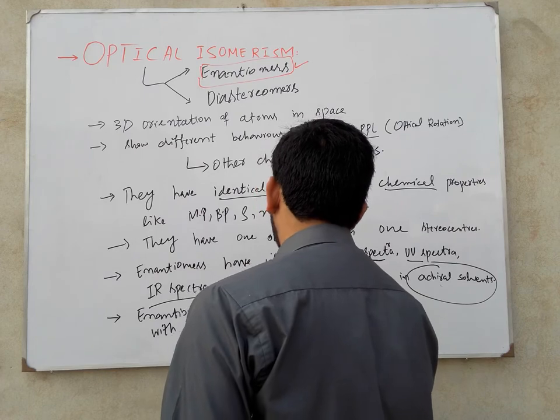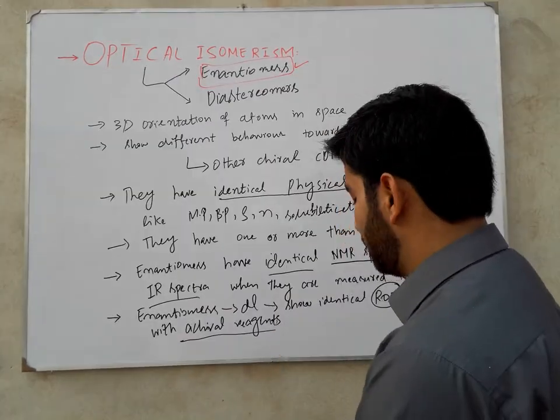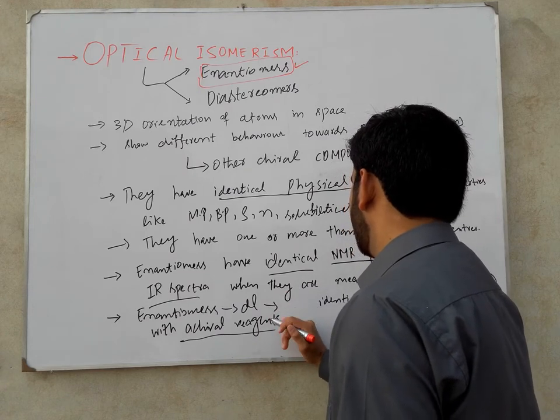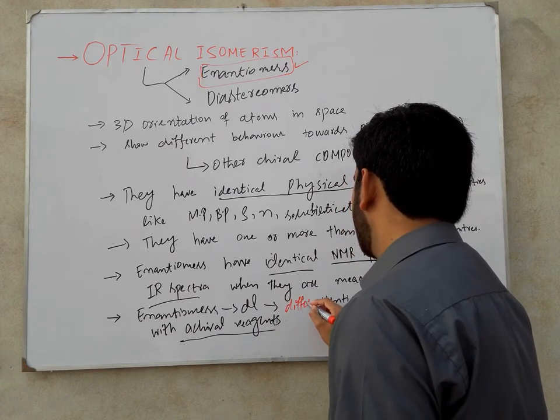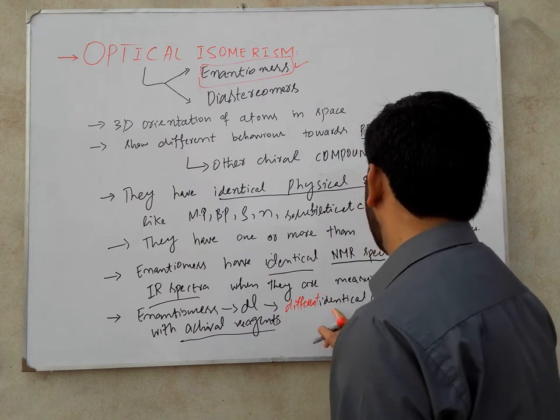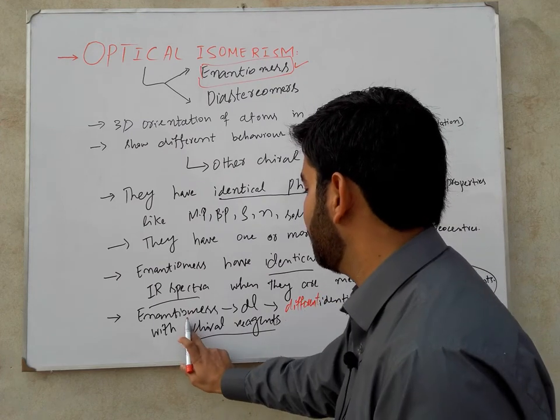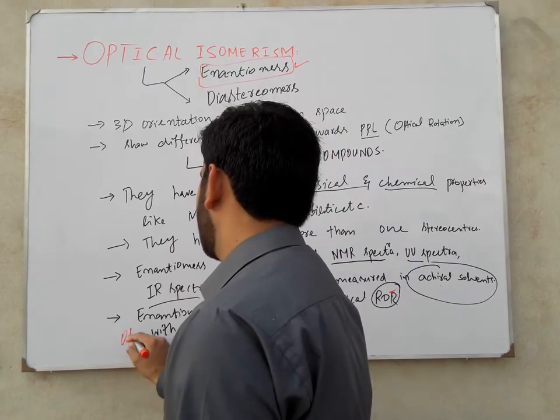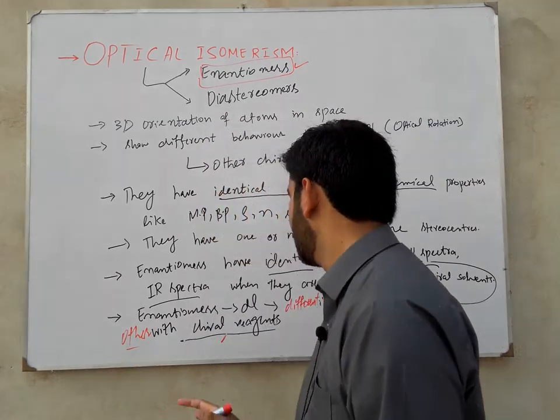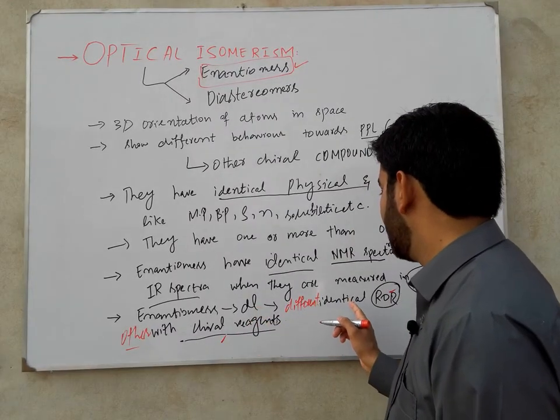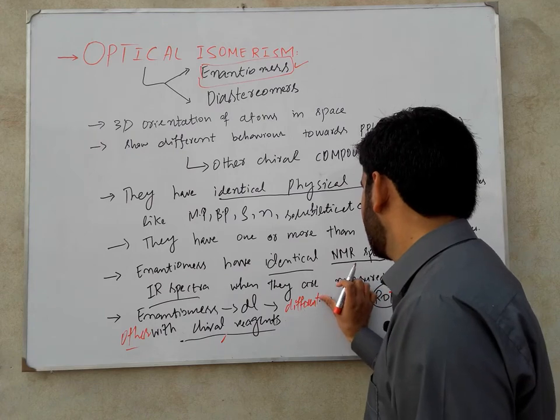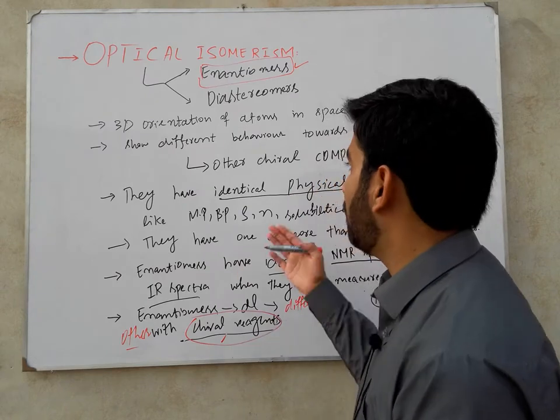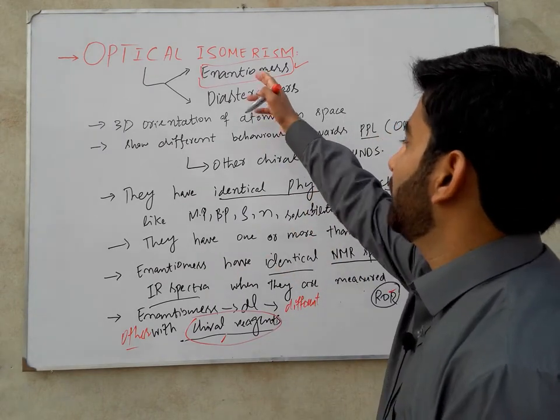When they are treated with achiral reagents, the rates are identical, but they show different rate of reaction when they are treated with chiral reagents, with other chiral compounds. So these are all the characteristics that enantiomers have.